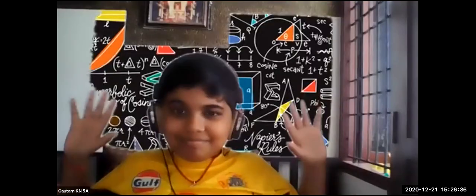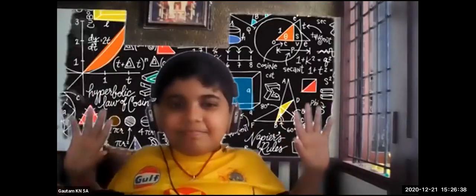Yes, someone is speaking. Yes, Gautam, did you say something? Ananda, did you say something? I didn't hear properly. So Christmas celebration, for 1 or 2 minutes now you can celebrate.